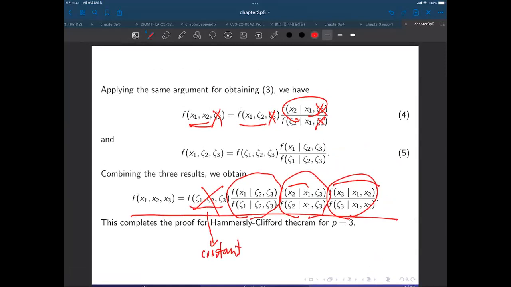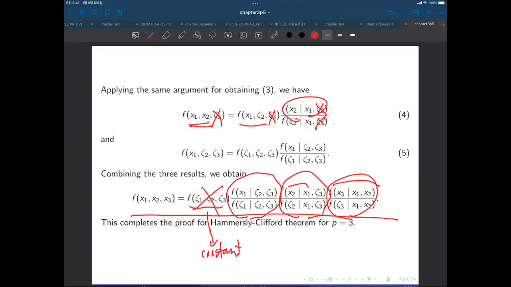Question: in that first ratio, can we take the denominator as a proportionality constant? You mean the denominator? Can we just ignore it? Not actually, you have something here.